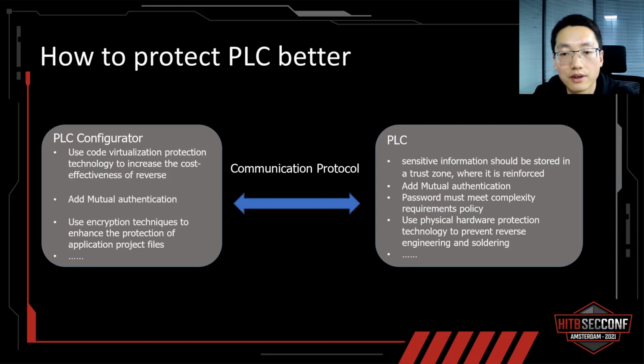S7-300 example. Let's take a look at some ways to enhance security from the PLC controller. First, sensitive information should be stored in a trust block. It can be reinforced by software or hardware. For example, encryption keys, challenges, core algorithms, and other information should be placed in the trust block to prevent them from being easily obtained by malicious attackers.